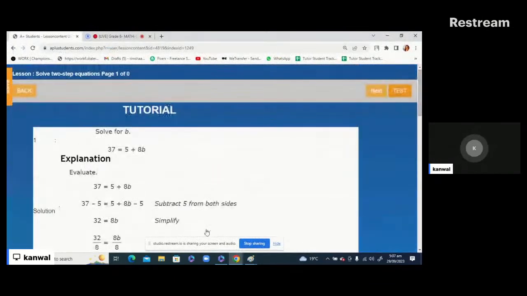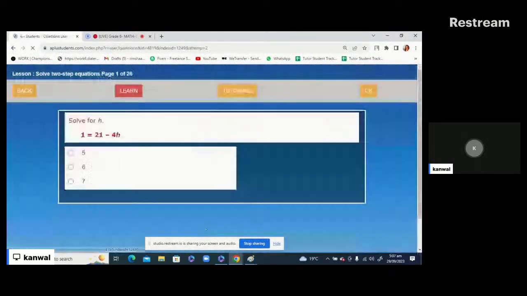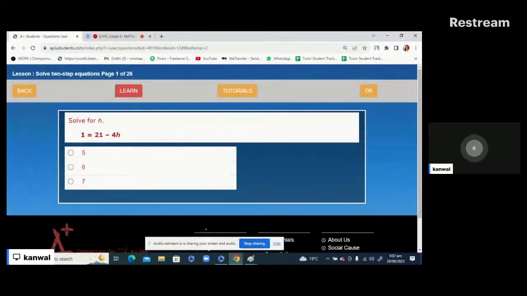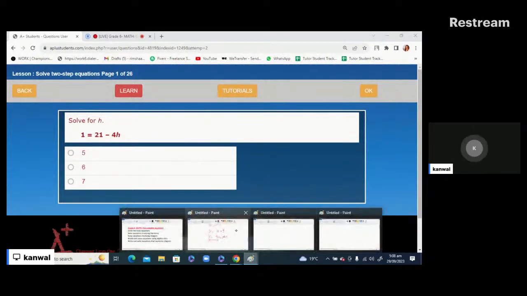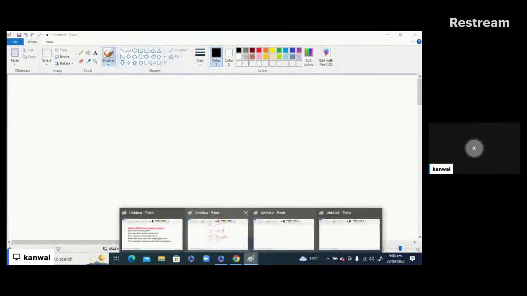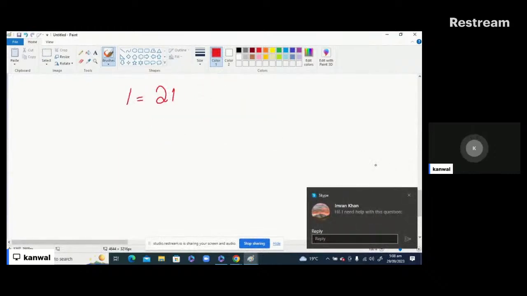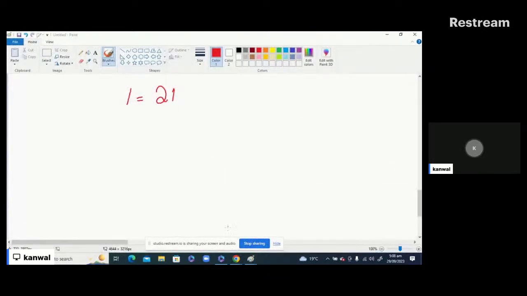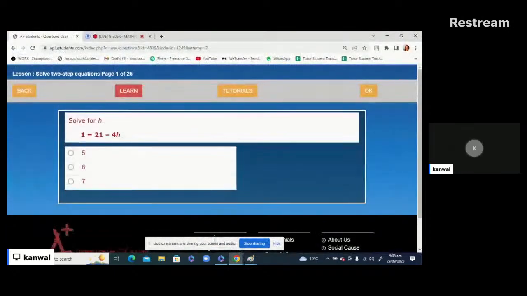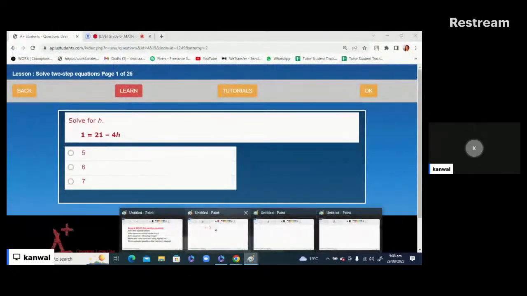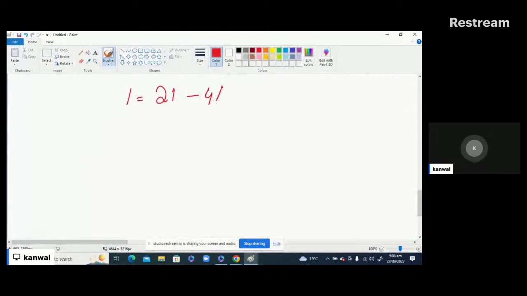Okay, now let's do some test questions. 1 is equals to 21 minus 4h. Subtract 21 both sides.